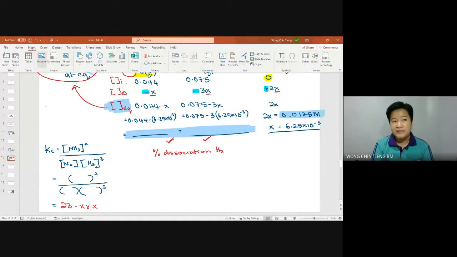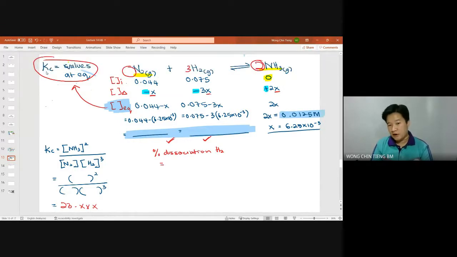What we look at here is that we are using the change. So the formula of the percentage of dissociation is the concentration change of hydrogen over the initial concentration of hydrogen, times 100. The initial is already 0.075, so we need to find the concentration change.